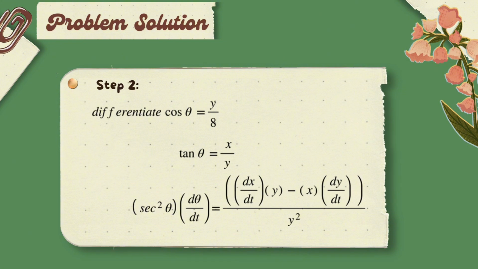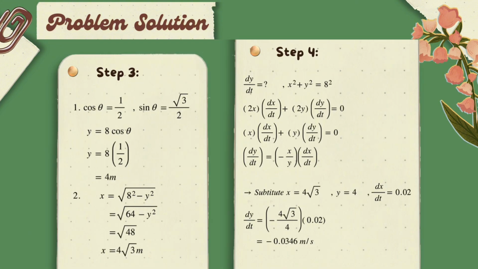Okay, so we move to step 3, which has two steps. First of all, we use the theory of triangle, that is cos theta is 1 over 2 and sine theta is square root 3 over 2.